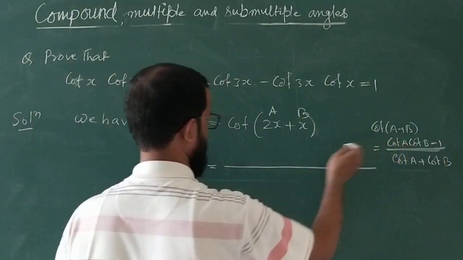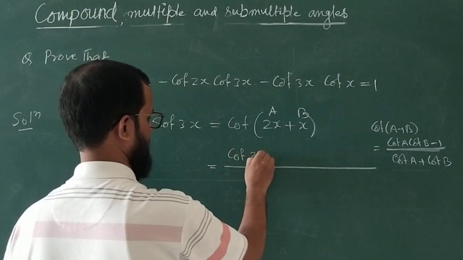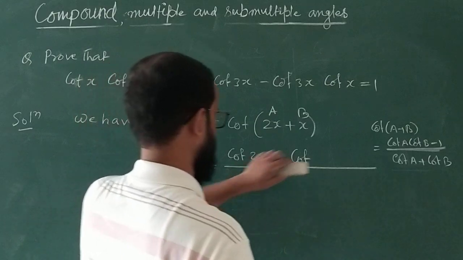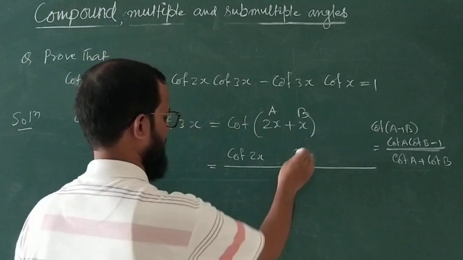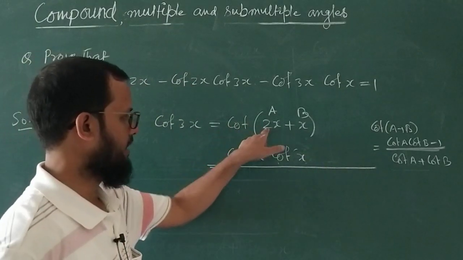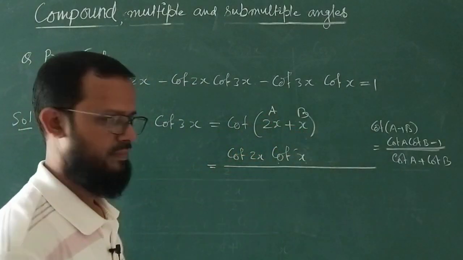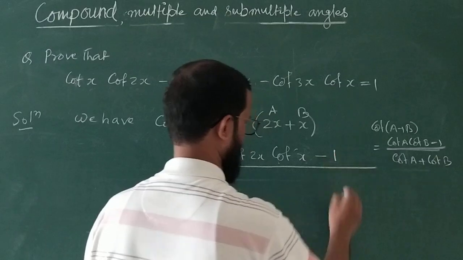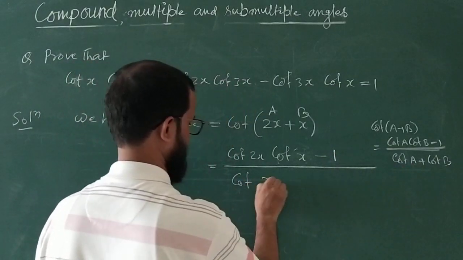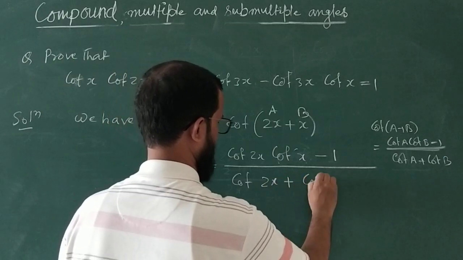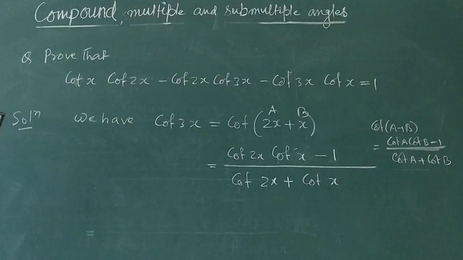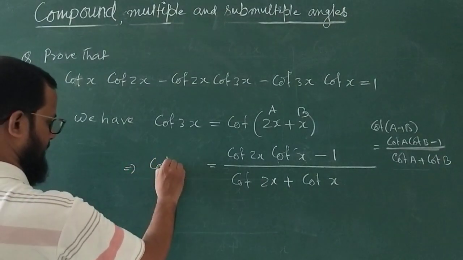Twice x. Cot twice x into cot x means what? Cot a into cot b. Okay, minus 1 divided by cot a plus cot b. A means what? Twice x. B means what? X. So finally cot 3x is equal to this one. Okay, this is your cot 3x.